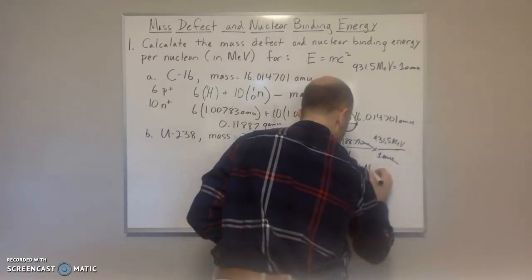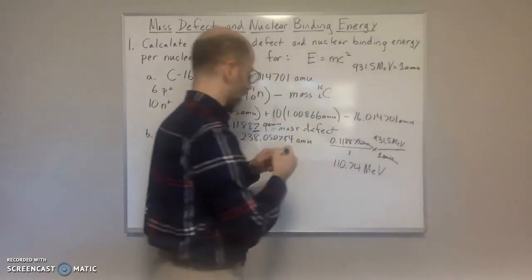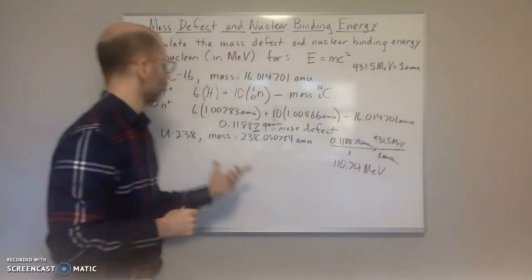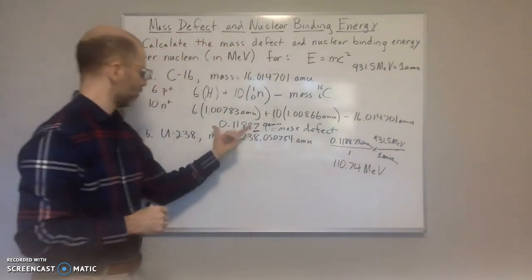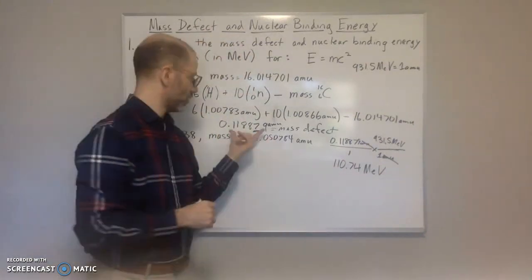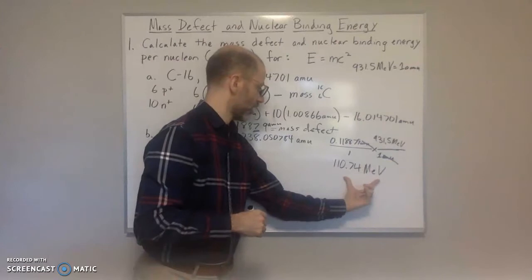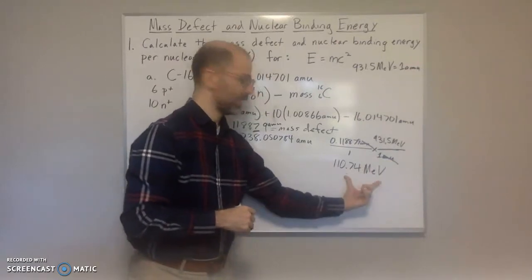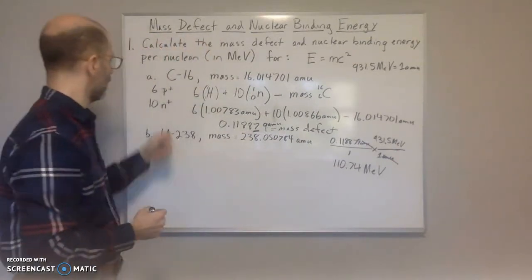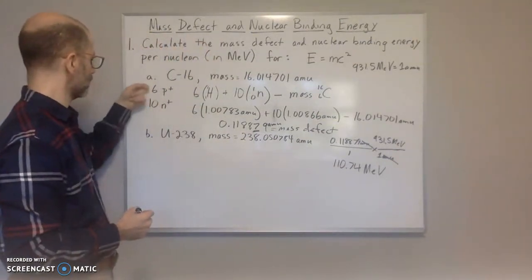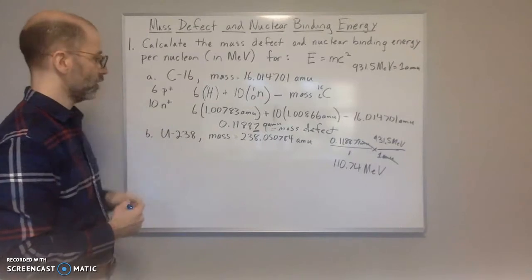So I get 110.74 mega electron volts, but that is not per nucleon. That is the total for the missing mass defect. So this mass was converted into this much energy, and now I need to get this energy per nucleon. How many nucleons do I have? I have 16: 6 protons, 10 neutrons.